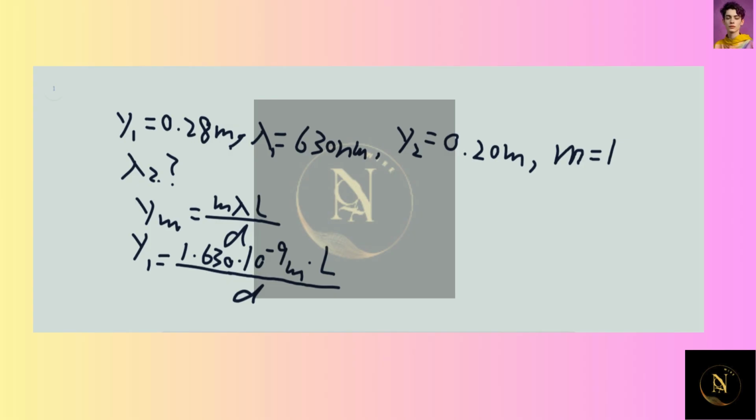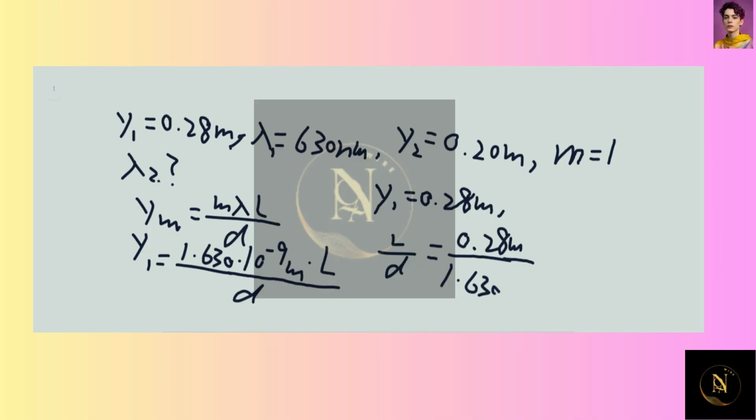And we know that y1 is equal to 0.28 meter. So L over d would just be y1, which is 0.28 meter, divided by 1 times 630 times 10 to the power of negative 9 meter.